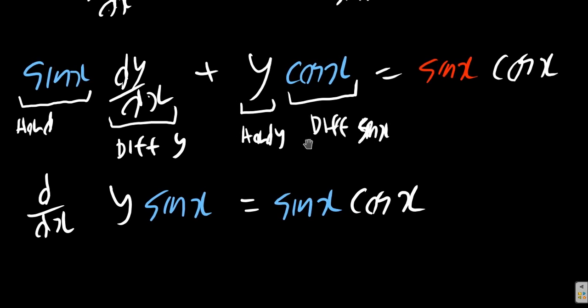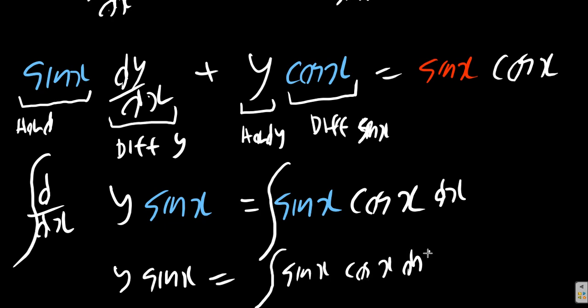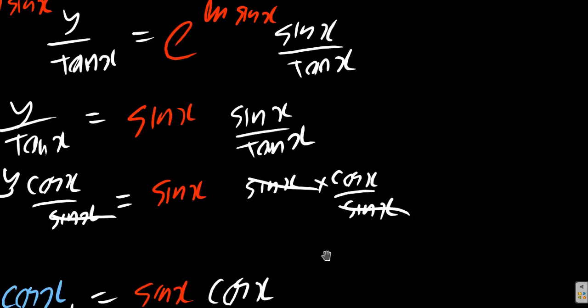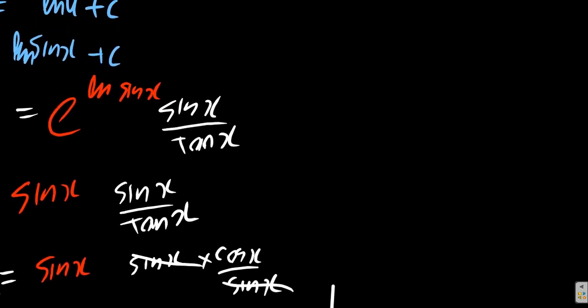All right. Now let's integrate both sides with respect to x. What you have here is y sin x is equal to the integral of sin x cos x dx. Now, we've run out of scrolling space, so let's draw a line to partition the board and continue over this side.